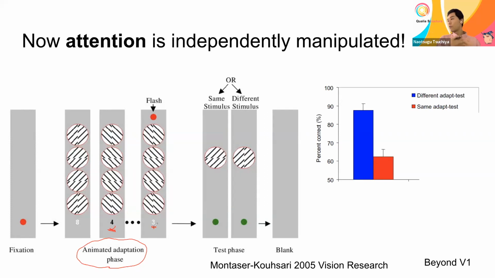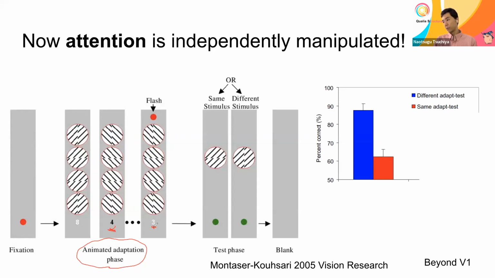Then they waited for 1 minute and tested the adaptation. What it means is that during adaptation, subjects paid attention to the center and didn't pay attention to the adapter, which is invisible.